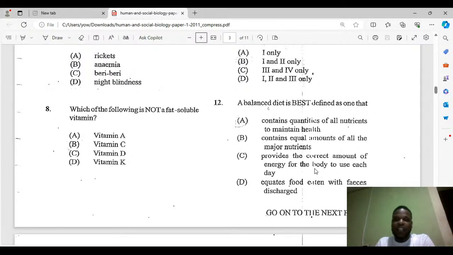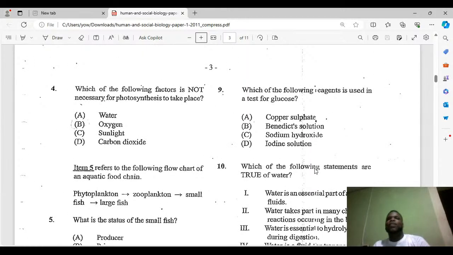All right, we're moving on now to question 9. Which of the following reagents is used as a test for glucose? Simple stuff, guys. Test for glucose. Which one? Let's go, let's push.